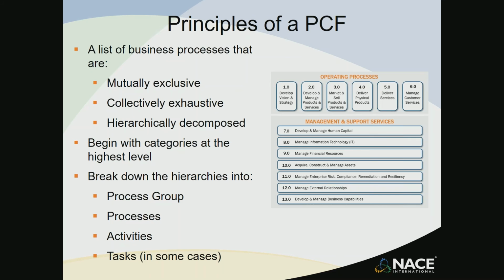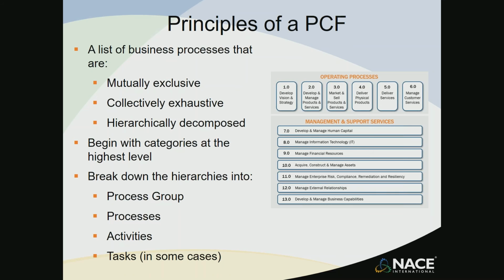So the principles of a process classification framework, you'll see here on your screen, break down a process into process groups, processes, activities, and tasks, all the way down to tasks. And you see there on the right-hand side, those are the operating processes and management and support services that are covered in a process classification framework that is part of the Impact Plus.